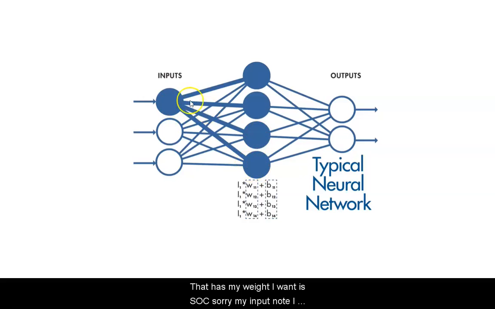That is, my input node I1 is associated with the weights W1, W2, W3 and W4, and with 4 different biases.